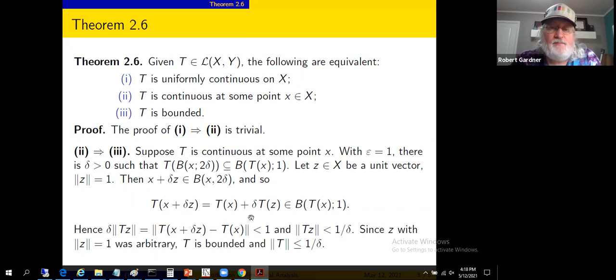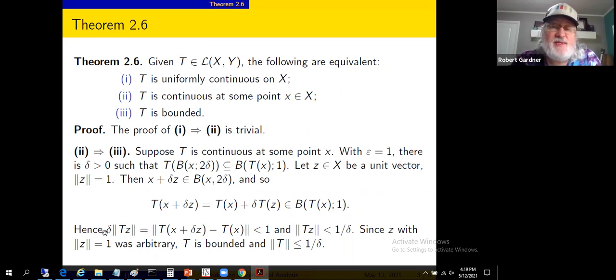Delta T of z, if we consider this, delta T of z equals T of x plus delta z minus T of x. Simply take this to the other side of this little equation and put norms on it. So we get a norm like this. We then have the norm of this difference to be less than 1, as we just discussed.